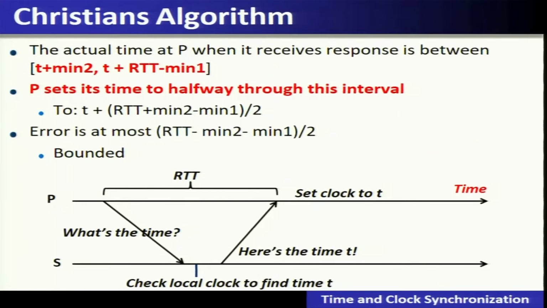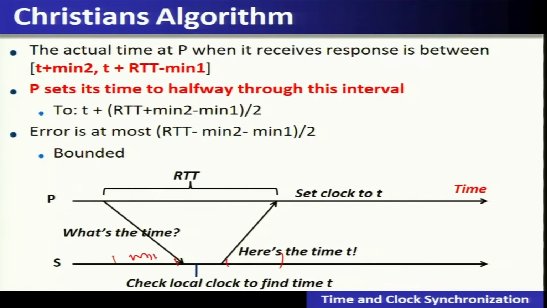So, what the Christian algorithm does is that it sets P's time to halfway through this particular interval, that is, divided by 2. So, the error here is at most half of RTT minus the sum of min 1 and min 2.